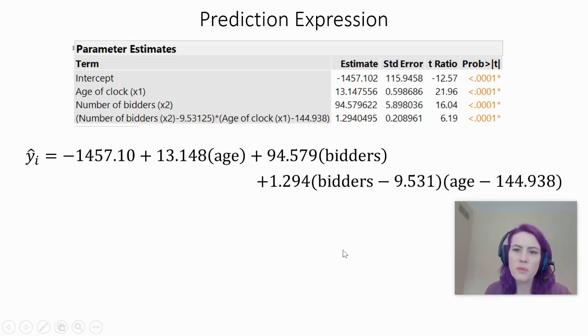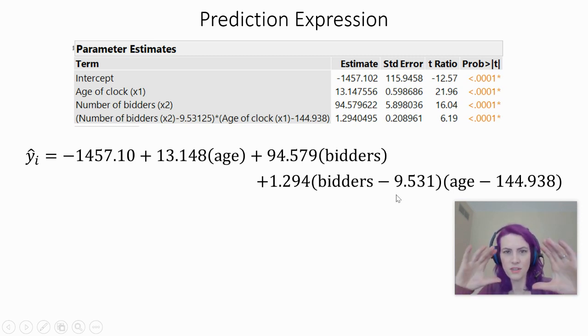All right. So when we have two numeric predictors, the prediction expression is going to look like this. So again, we have four coefficients. Well, the intercept and three coefficients. So the intercept off by itself. Then we have the first estimate times the age. Then we have the second estimate times the number of bidders. And then we have the third estimate that gets multiplied by, JMP does this, recentered x1 and recentered x2.